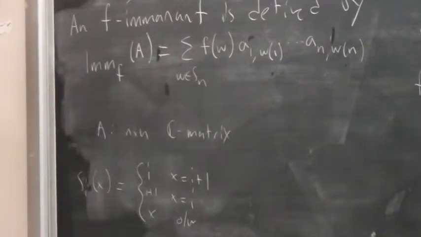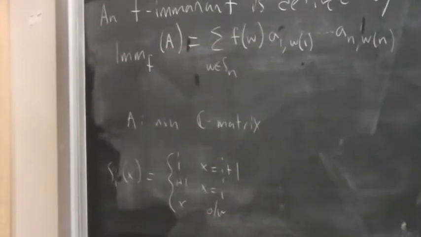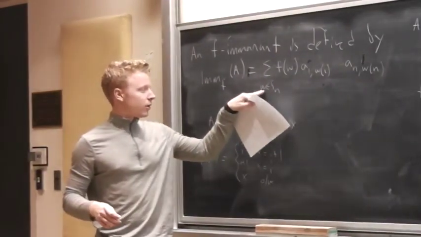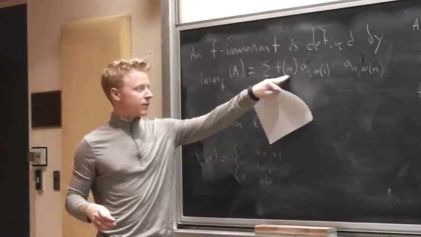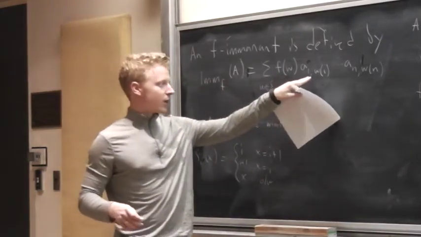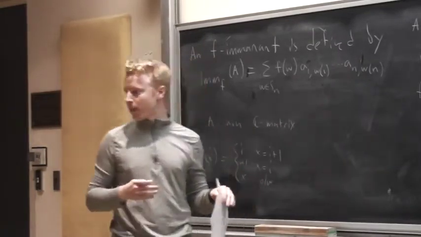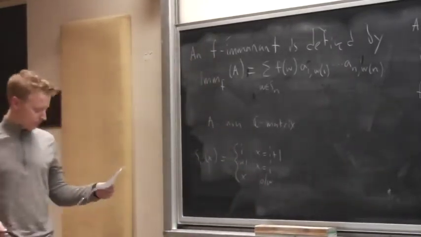So those s_i are transpositions. So the f-immanent is just: we take the sum over everything in the symmetric group, we apply f to the group element, and then we take the product of entries of the matrix, which we pick using that permutation. Add them all up.